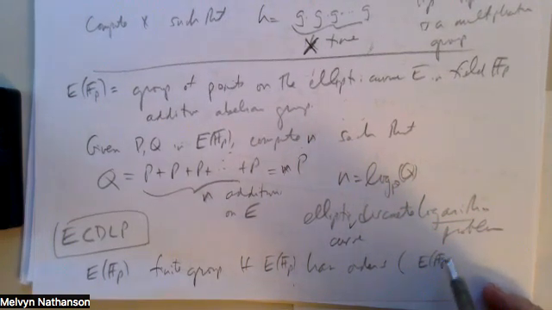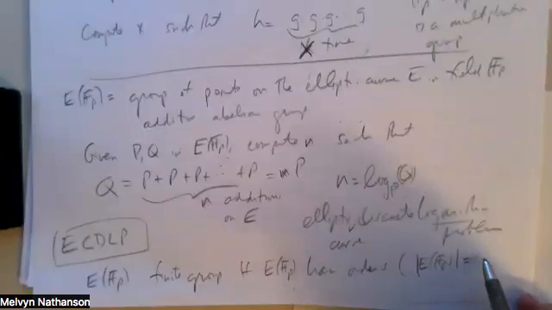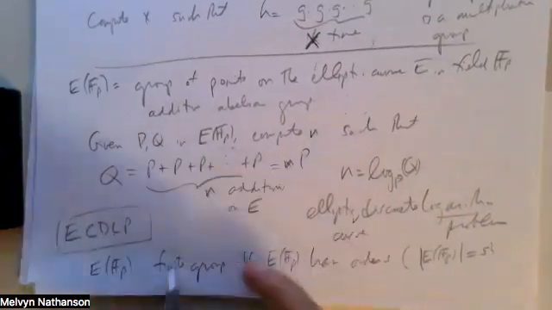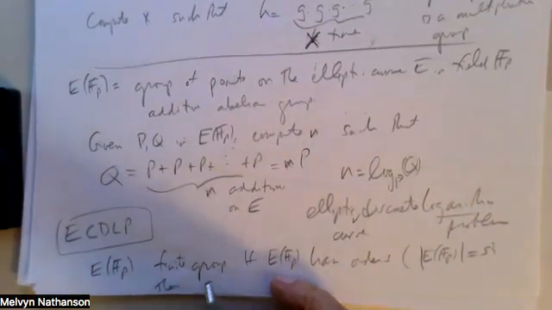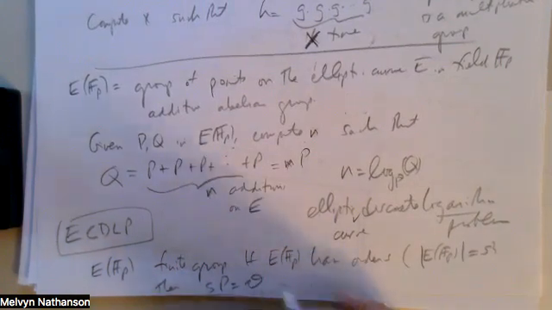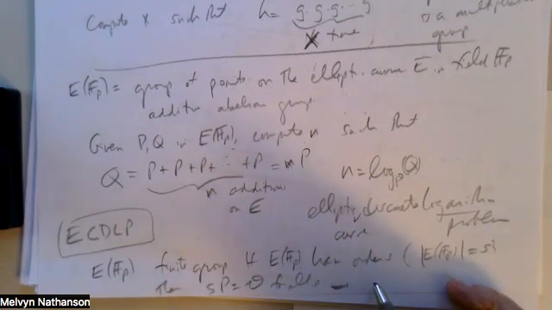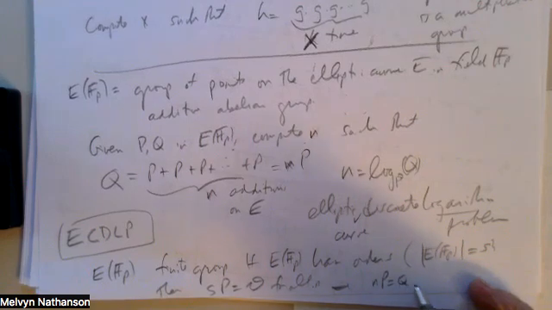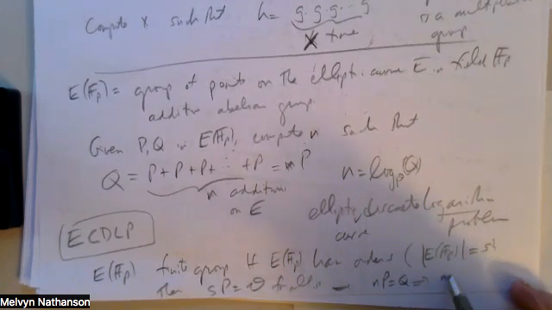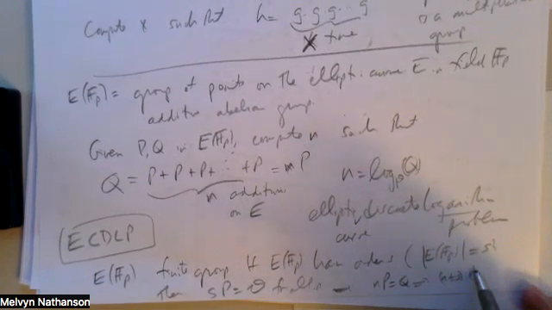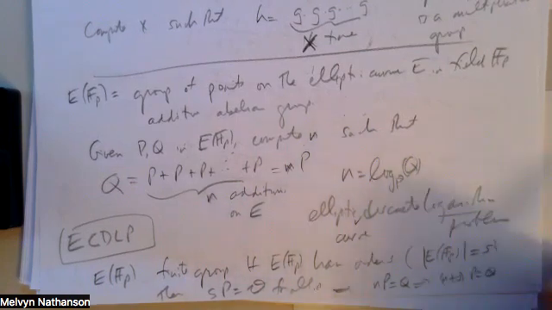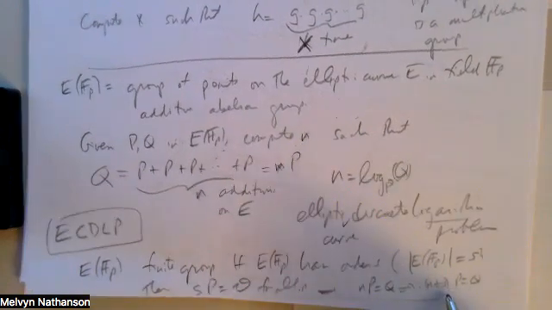E of F_P, the cardinality of that group, the order of that group is S, then SP is the identity for all P. So that means that if NP equals Q, then (N plus S)P equals Q, because this is NP plus SP, but SP is the identity, the point at infinity, and you still get Q.